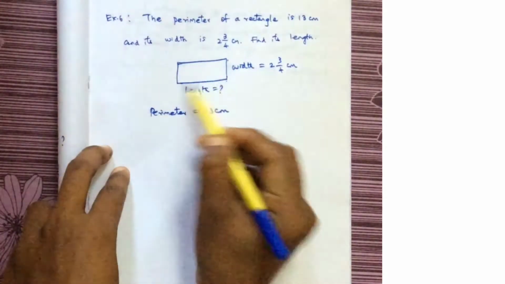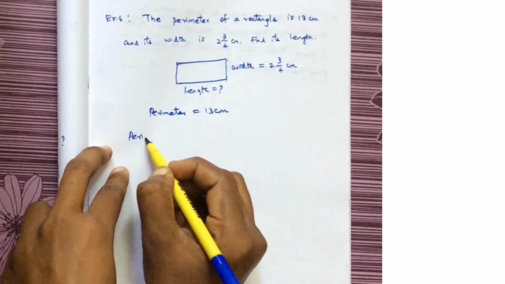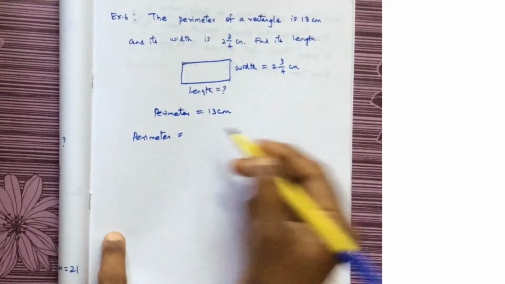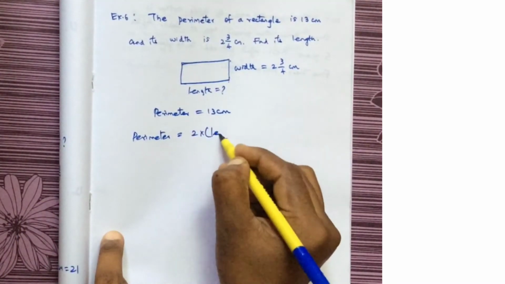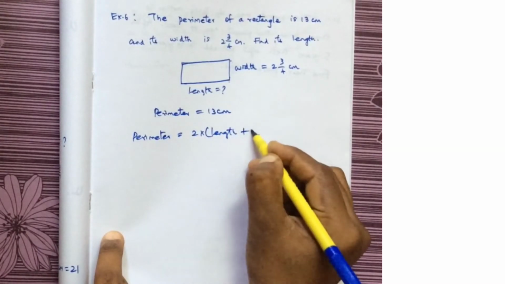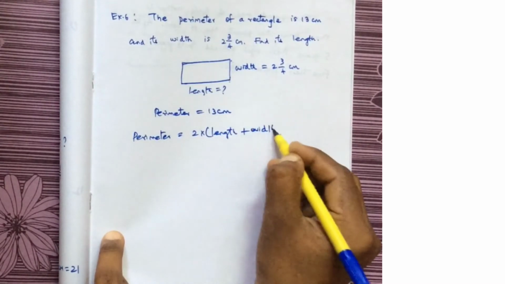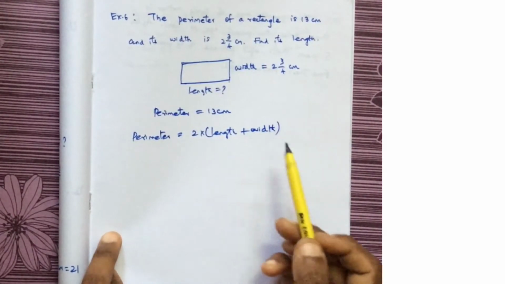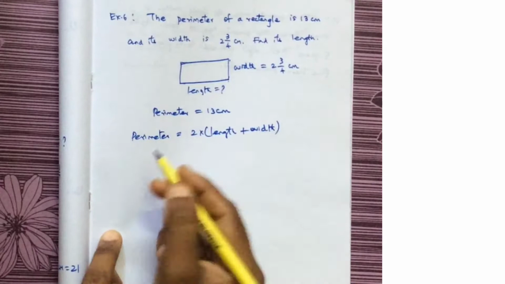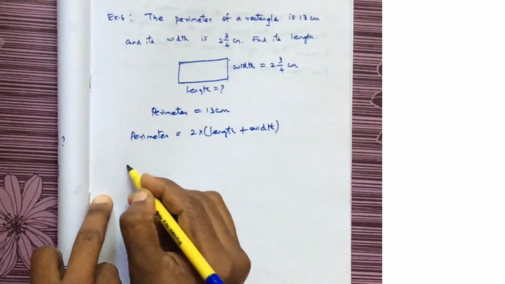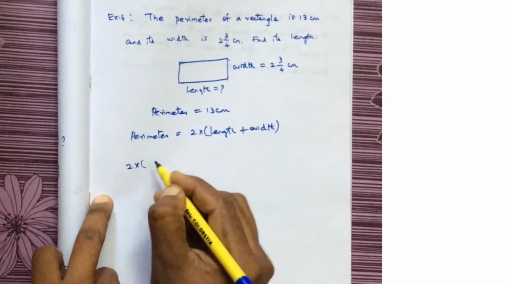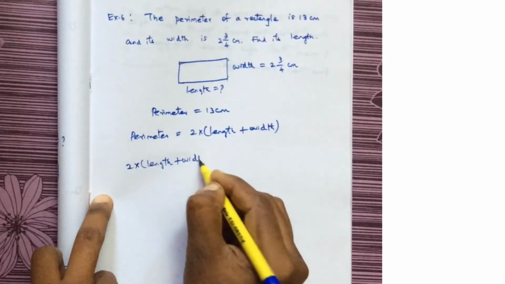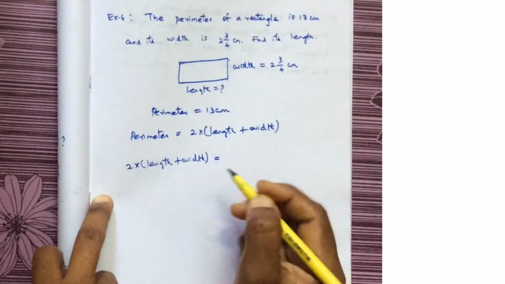The perimeter equals 2 multiplied by, this is the formula for finding the perimeter, 2 multiplied by length plus width.